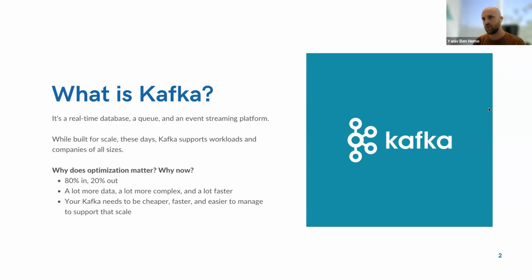That's a very, very big shift. Kafka is the centerpiece that supports data streaming and empowers that scale. If we want to use Kafka for data streaming at that scale, it needs to be optimized. Otherwise, we will break our bank.